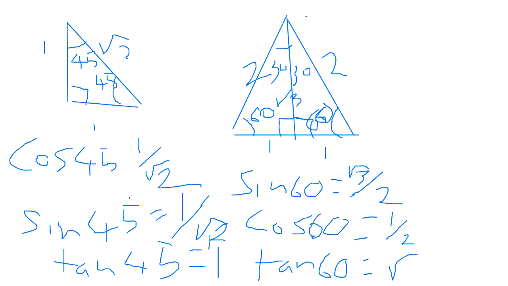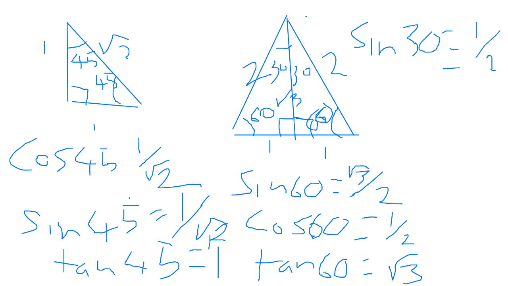Then another special angle we have is 30 degrees, sin 30. It's a special angle. 30 is here, so opposite over hypotenuse. We are going to have 1 over 2. Sorry.